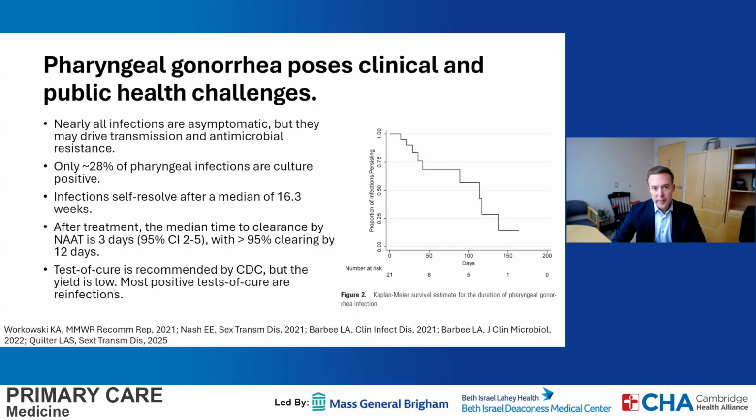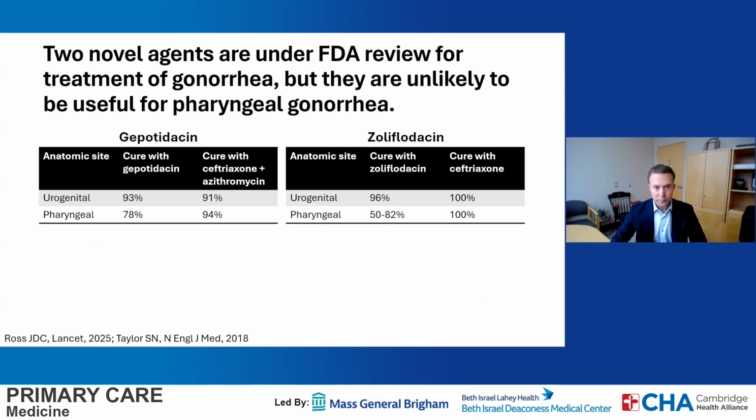It is low yield at identifying true treatment failure or ceftriaxone resistance, and most positive tests of cure are reinfections. And for that reason, unless you have specific factors that make you very worried about ceftriaxone non-susceptible gonorrhea, you can treat the patients with the same regimen they received initially. When might you use 1 gram of ceftriaxone? Well, it's recommended if the person weighs at least 150 kilograms.